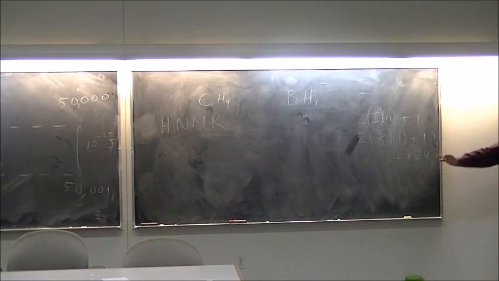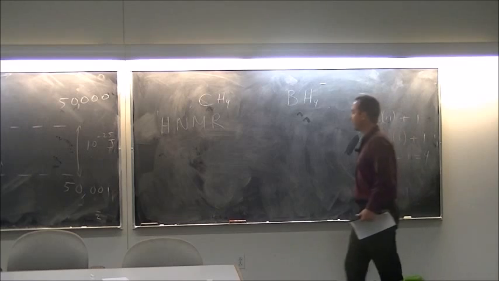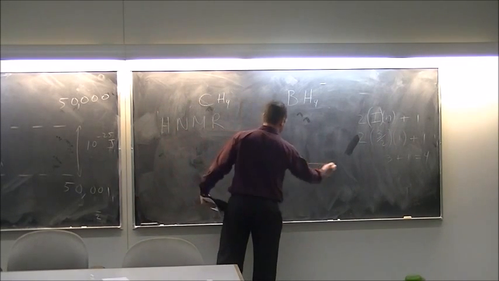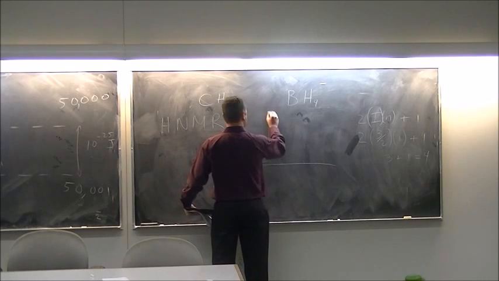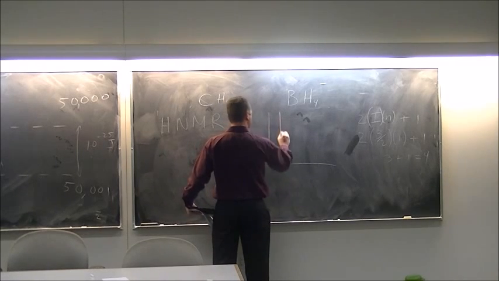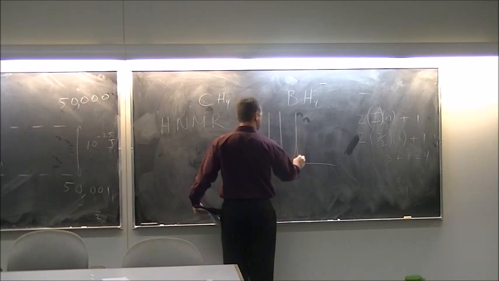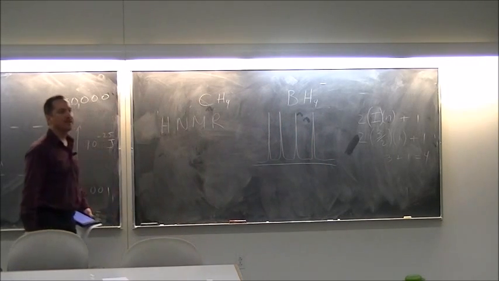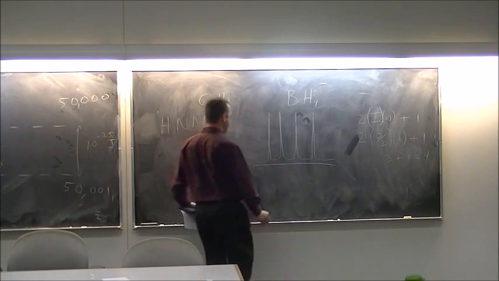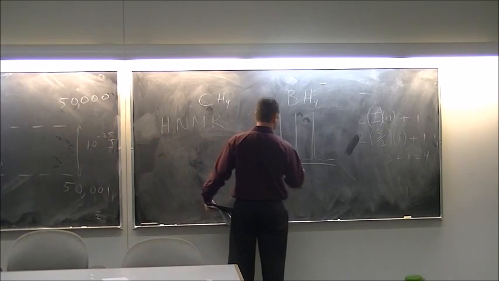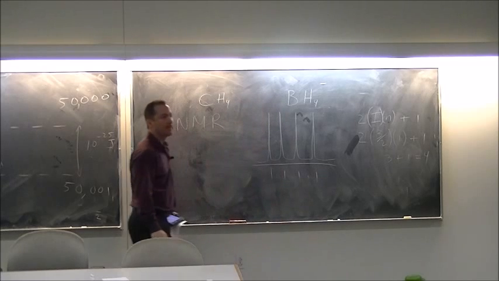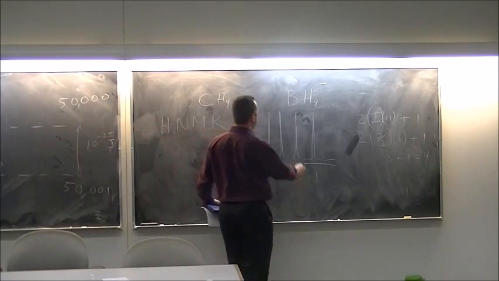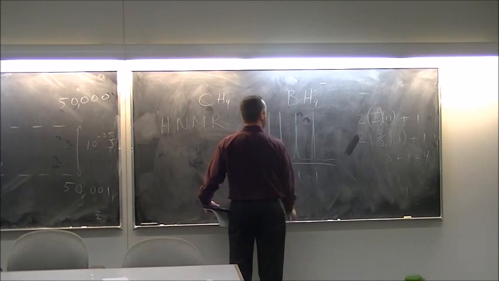The hydrogens are all the same, so my proton NMR spectrum is going to be a beautiful quartet, and the intensity of those bands will be exactly the same. If you have to report the chemical shift, it will be exactly between those two.